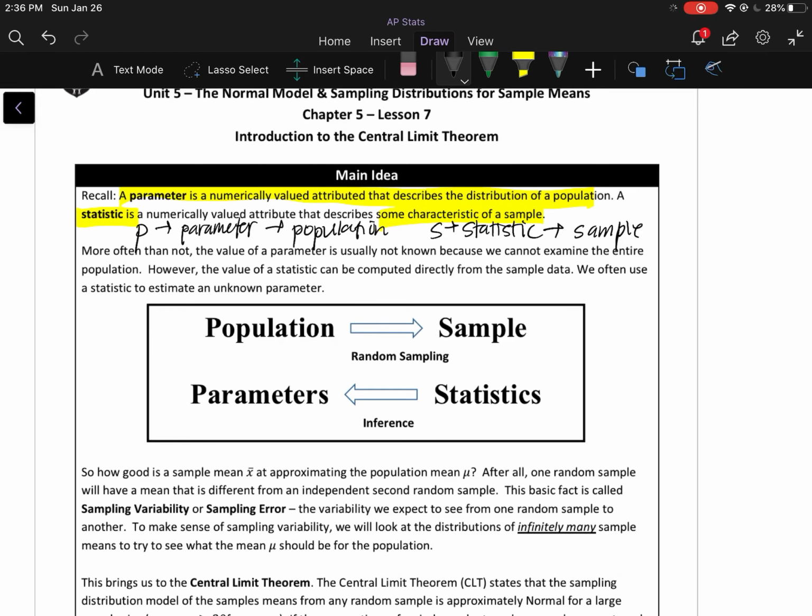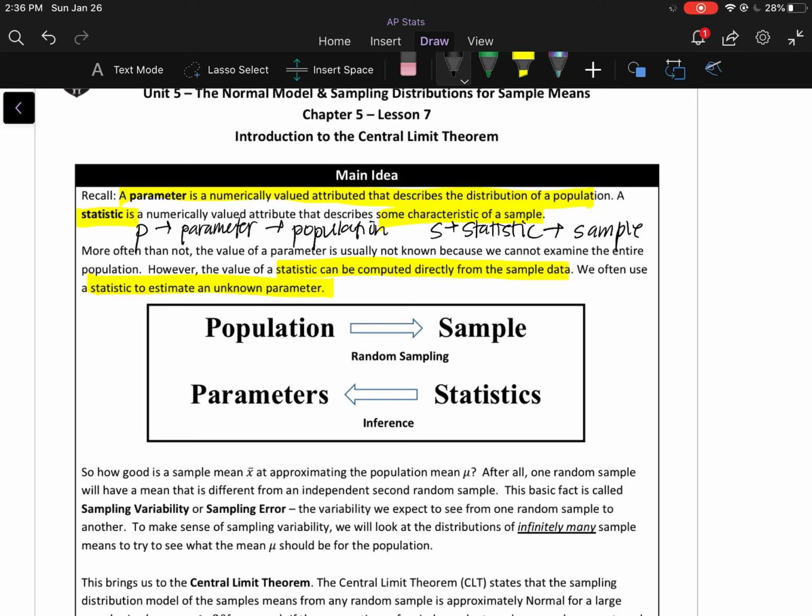statistic, not a parameter. More often than not, the value of a parameter is usually not known because we cannot examine the entire population. However, the value of a statistic can be computed directly from the sample data. We often use a statistic to estimate an unknown parameter.